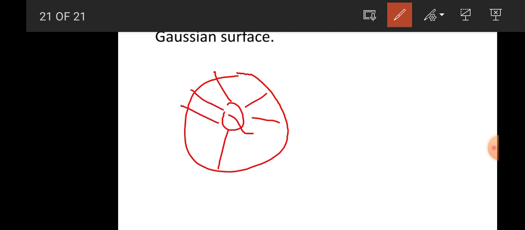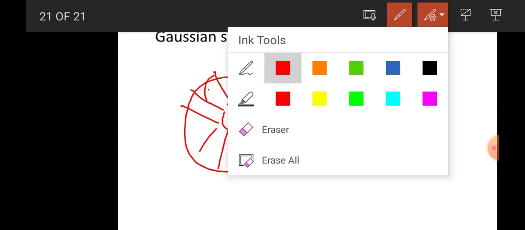The number of field lines is said to be electric flux.